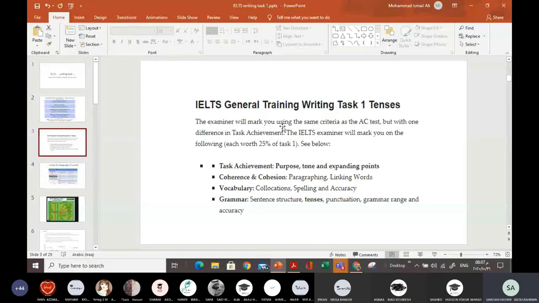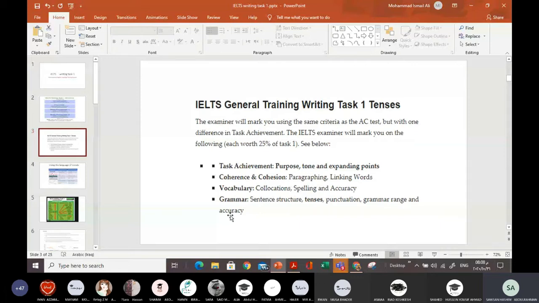The examiner will mark you using the same criteria as the AC test, but with one difference in task achievement. The IELTS examiner will mark you on the following. 25% of the mark is on task achievement, purpose of the task, tone and expanding points; coherence, cohesion, paraphrasing, linking words; vocabulary, collocation, spelling and accuracy; grammar, sentence structure, tenses, punctuation, grammar range and accuracy.